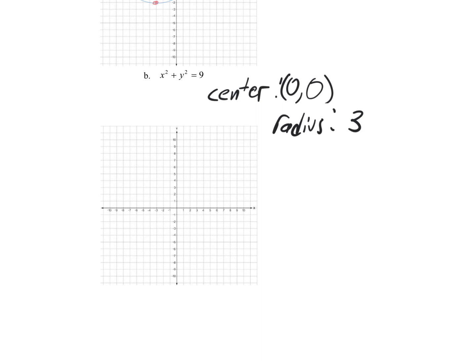So let's go ahead and make our mark at the center, (0, 0), and each step is going to be 3 spaces away. So 3 spaces right, 3 spaces left, 3 spaces up, 3 spaces down. And we can, of course, create our circle on here. And basically you just connect those dots with some nice curves, and you've got a circle.